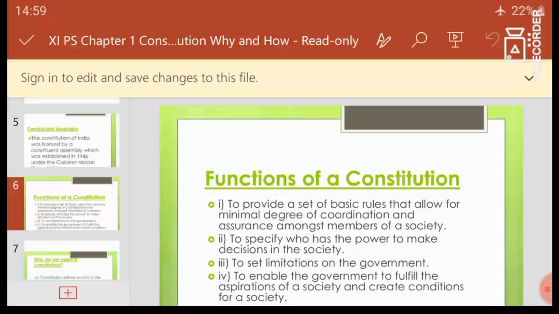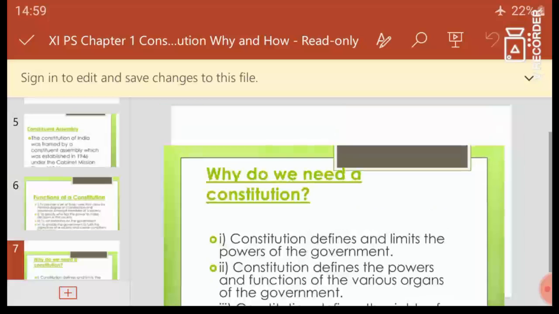Means whatever the people's genuine demands are, government should be able to fulfill them. Government should be able to work upon them, and it should make a society more egalitarian. It should make a society more developed one. It should make a society more progressive. Okay, constitution should have all the mechanisms which ensures all these features.